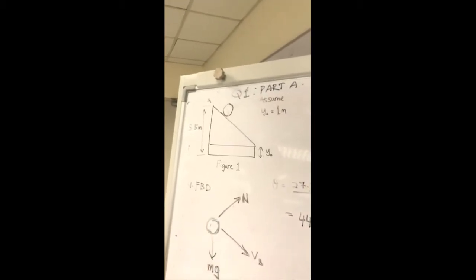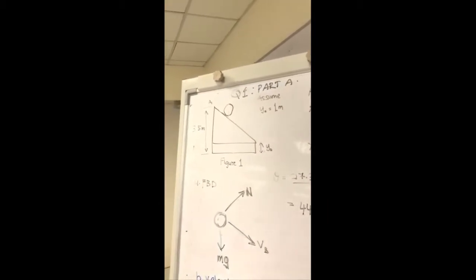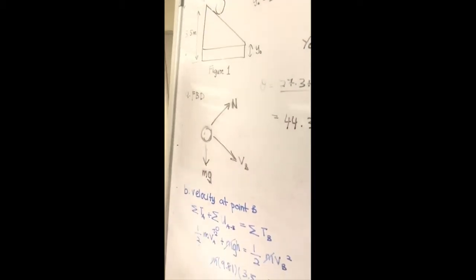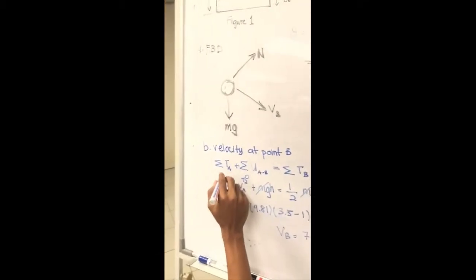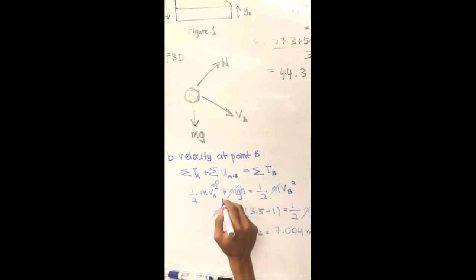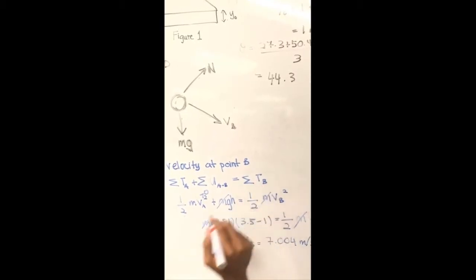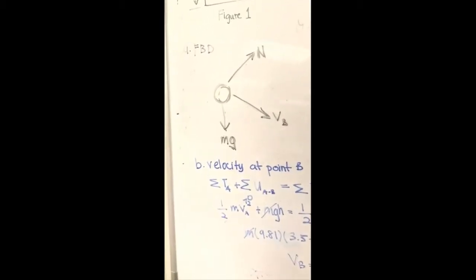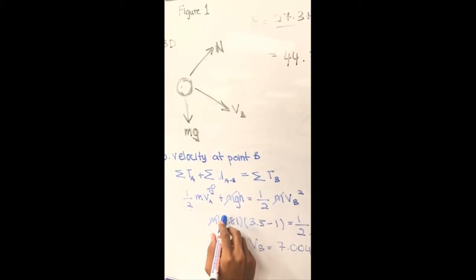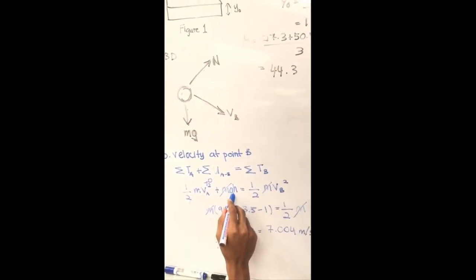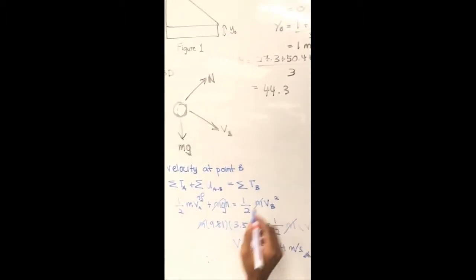For question B, we need to find the velocity at point B. At point B, the formula is kinetic energy A plus U_AB equal to kinetic energy B. The formula is 1/2 m VA squared plus m g h equal to 1/2 m VB squared.